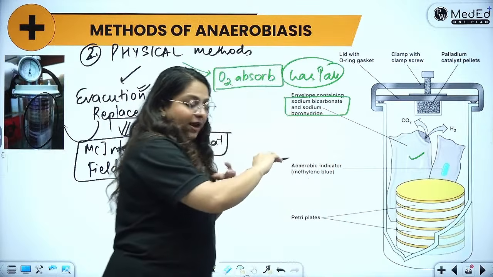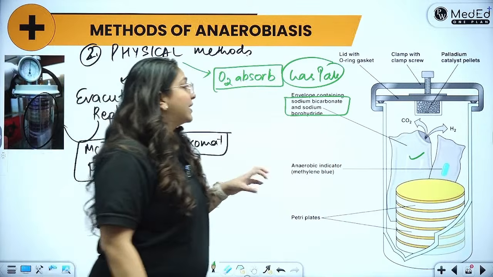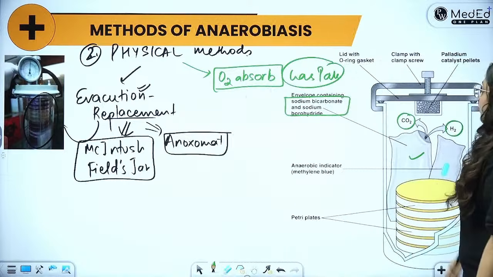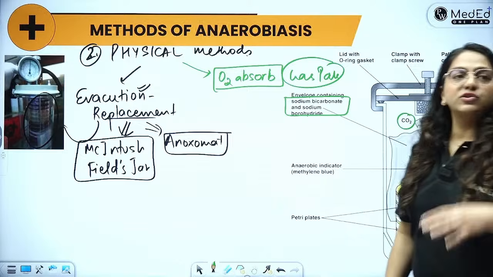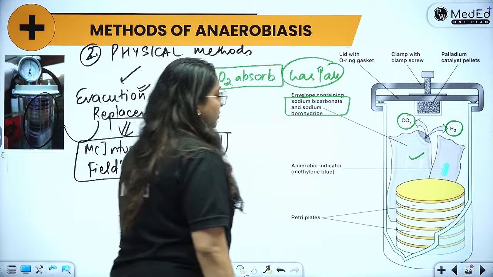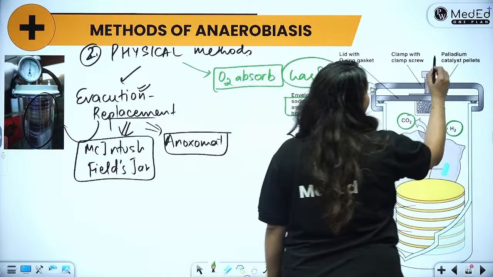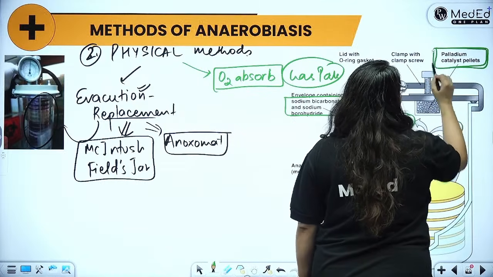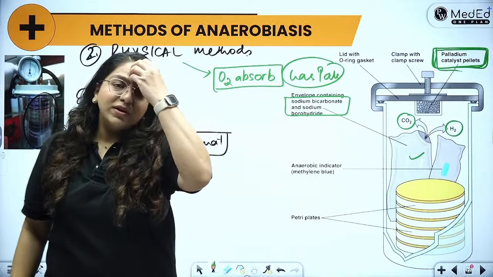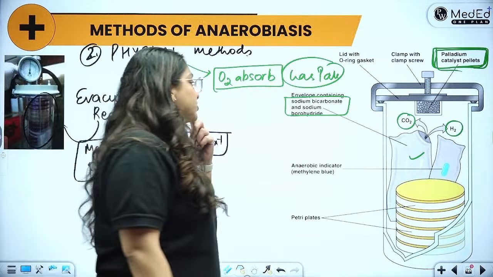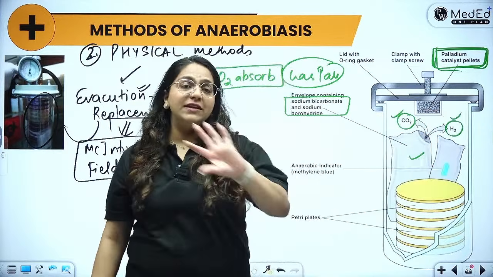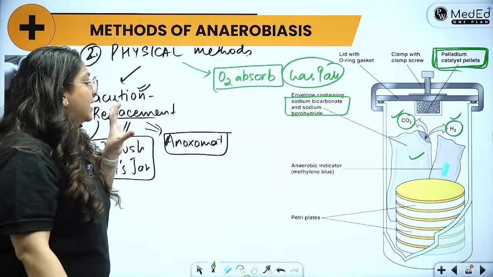This sodium bicarbonate and sodium borohydride is going to react and release carbon dioxide and hydrogen, which is going to absorb all of the oxygen from inside this chamber, and it is actually oxygen absorption. Who leads to this? It is the palladium catalyst. It is very important to know that the palladium catalyst which is put inside this jar is what is catalyzing the utilization of oxygen into water. Therefore, there is no oxygen left inside this jar.